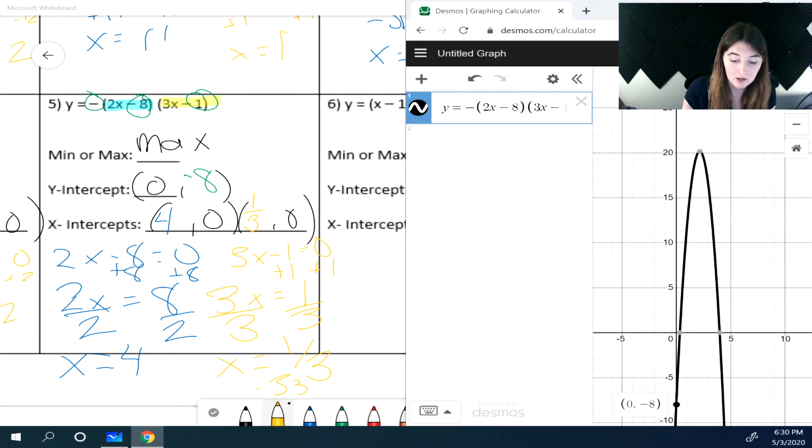Yep. Are my x-intercepts at (4, 0) and (1/3, 0)? Yes. Remember, 1/3 is the same as 0.33.